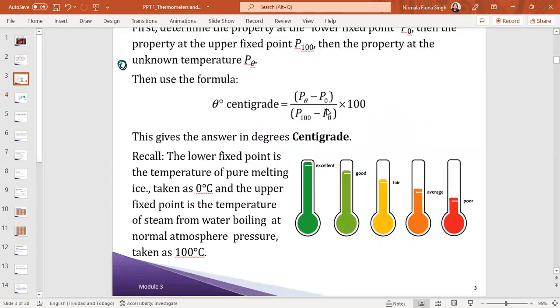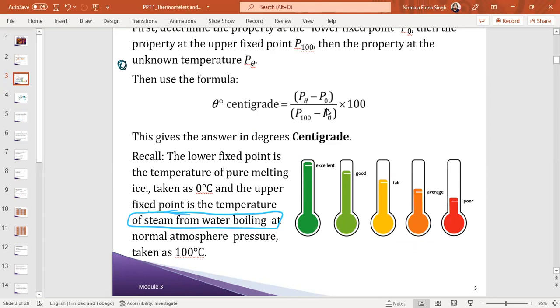So going back up to here, the upper fixed temperature is the temperature of steam from water boiling at normal atmospheric pressure, taken at 100 degrees Celsius. Note they are telling us to take the temperature of the steam of the water.